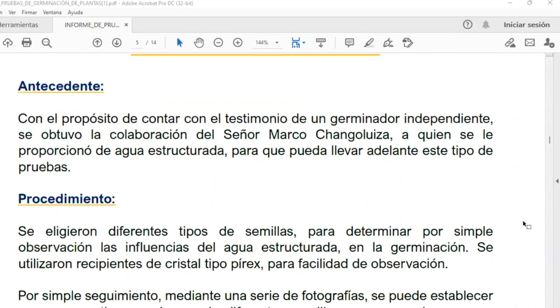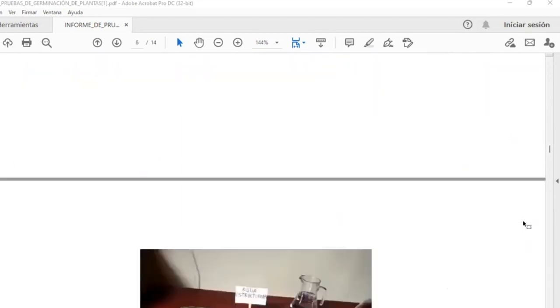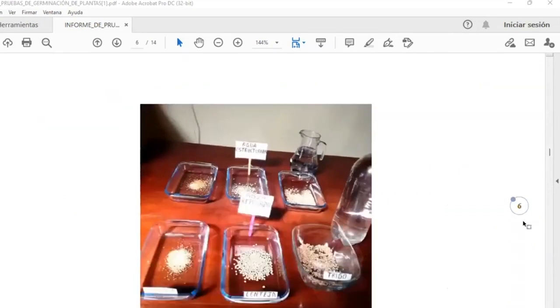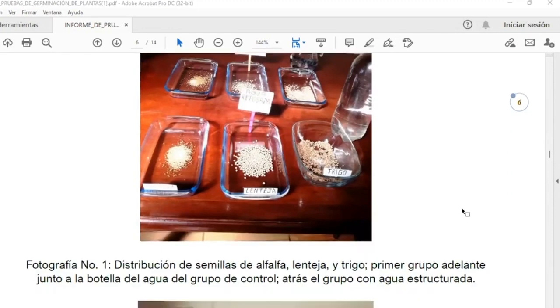Haven't you put the other photo? Maybe the photo got lost. That's alfalfa. If that was wheat, unfortunately you didn't put the one with structured water. That's the one with rested water.